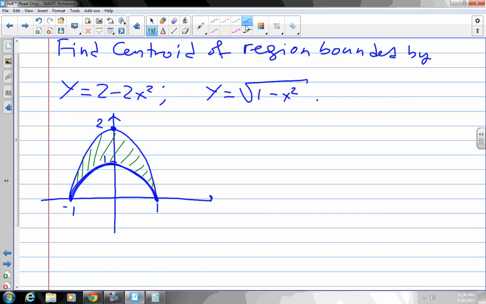Okay, so first we need to figure out the area A of that region. That would be the integral from -1 to 1, but I can do something else.